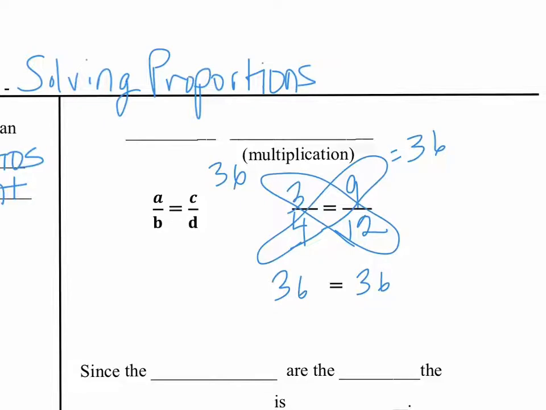When you're solving a proportion with cross products, you don't have all four numbers. You have 3 of the 4, and one of the numbers is taking the place of your variable, the x.